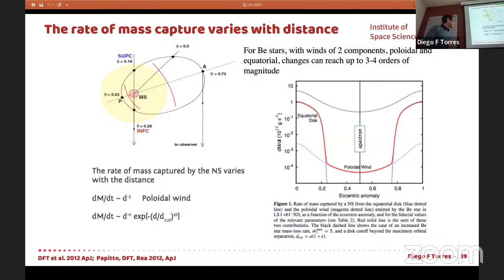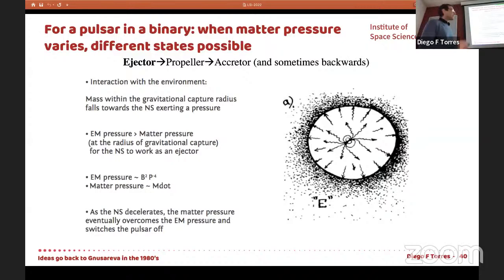So this is again the idea. We have a poloidal wind and we have a decretion wind. We established this model in which the equatorial disk has a much larger density than the poloidal wind, maybe by 3 or 4 orders of magnitude. This difference is not minor. And then we compare, taking into account that for a pulsar in a binary, when matter pressure varies, different states are possible, right?